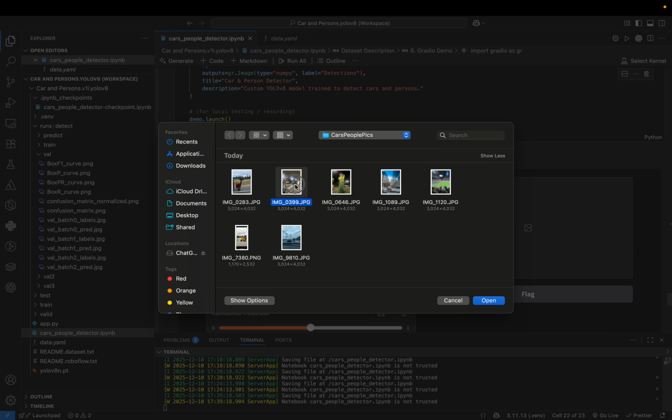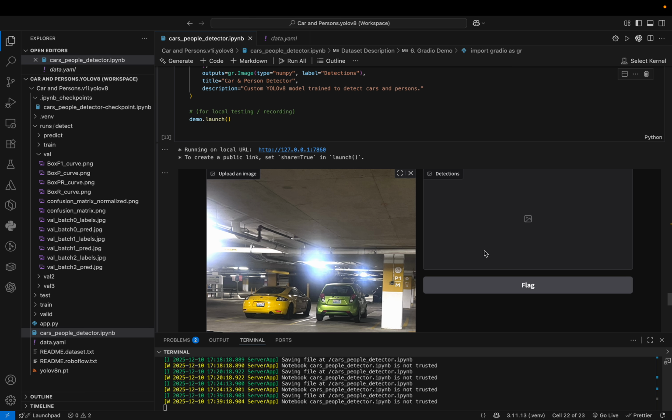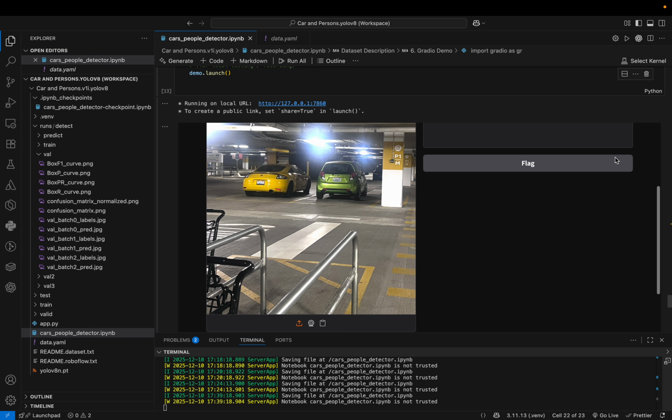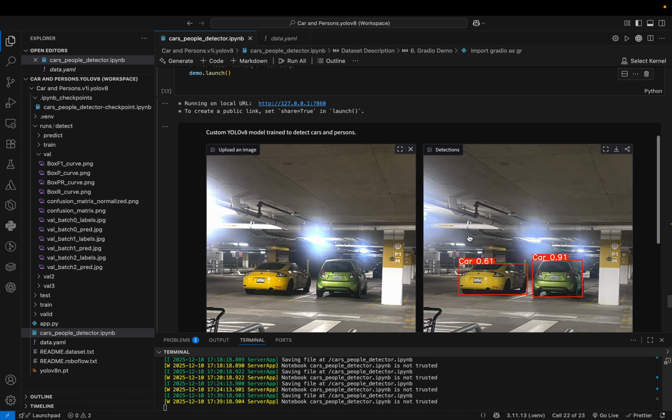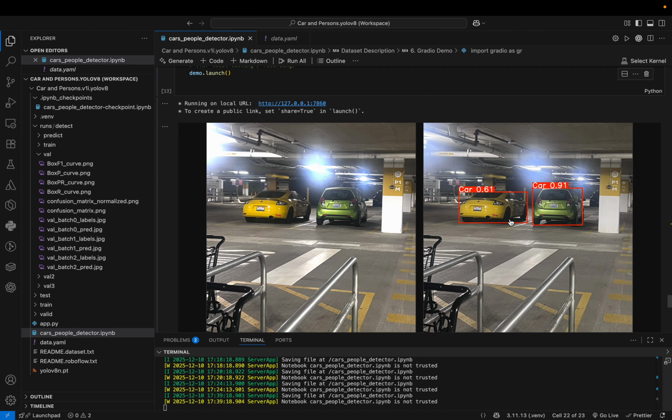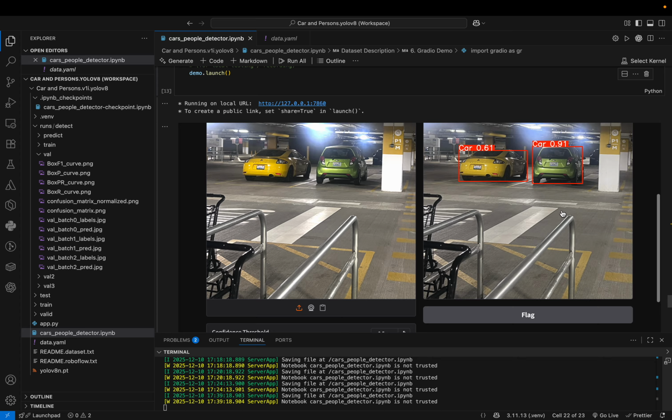So I will upload a picture, and in this Gradio demo you can increase or decrease the confidence threshold. I tried with 1 and 0, and I found out halfway between is pretty good. And there we go, 60% and 91%, so the cars are detected very well.